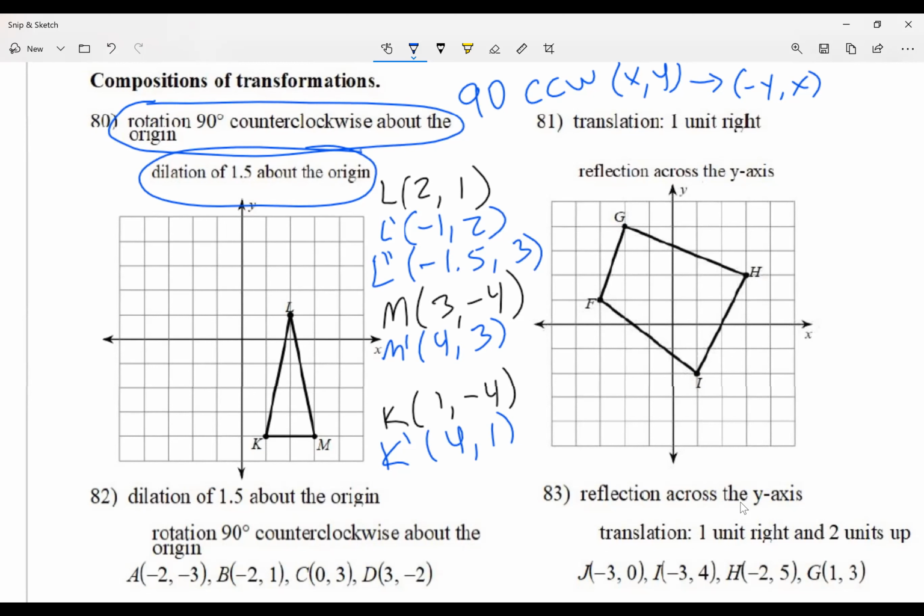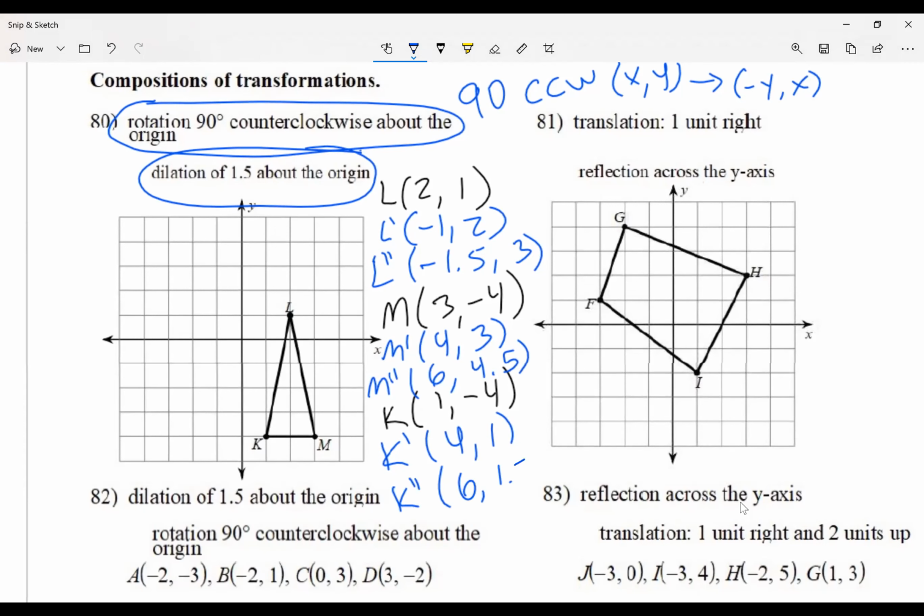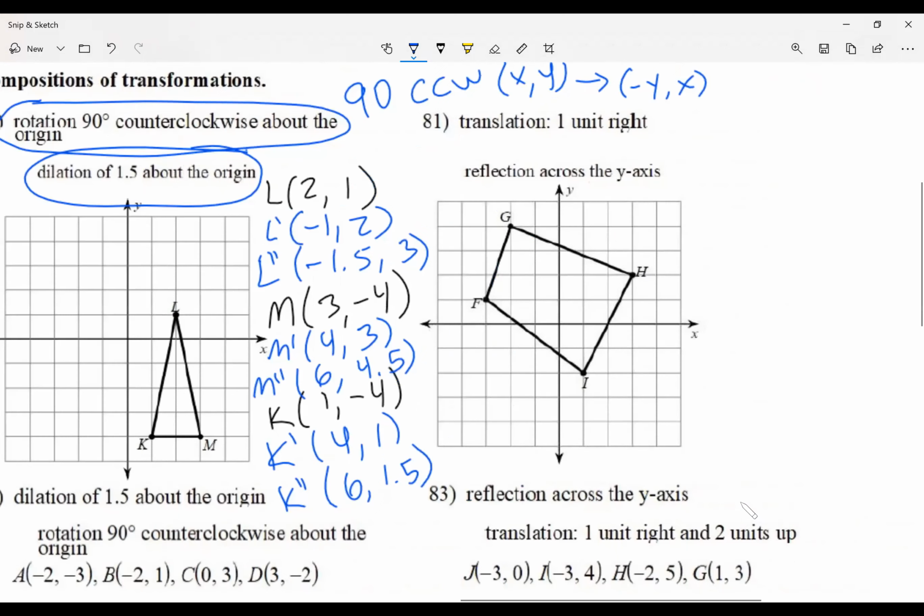If I was looking at M double prime, let me multiply each by 1.5. So I will get (6, 4.5). If I was looking at K double prime, my answer will be (6, 1.5). Notice each of my coordinates, I multiply by 1.5. All right, so notice for each of them, I did the rotation of 90 degrees counterclockwise, and then I did dilation.